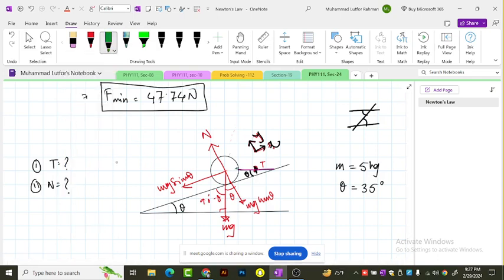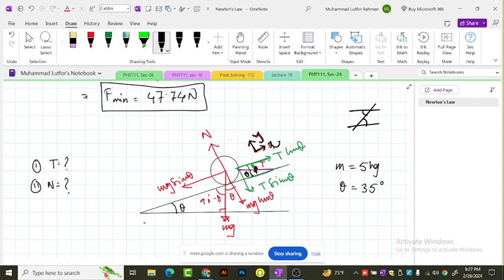Alright, so this would be one component of the T, and that should be another component of the T. If this is theta, then what? This would also be theta. Again, this line and this line are parallel, so that should be alternate angle. That's why this would be T cos theta, and the downward component should be T sin theta.